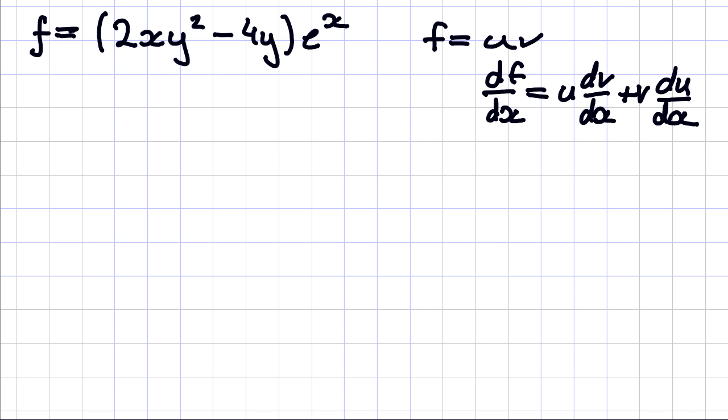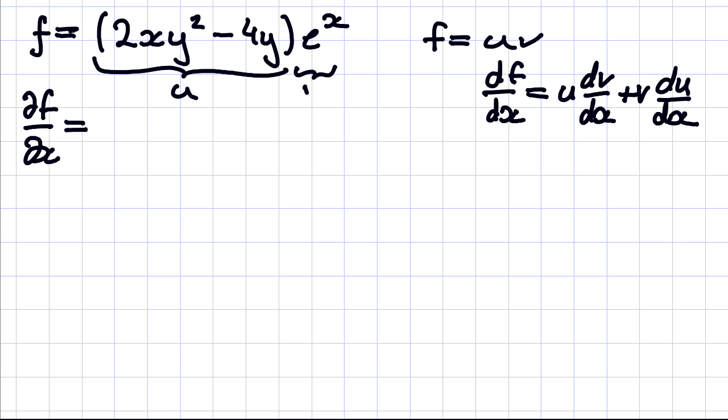So first we're going to take the x partial derivative of f, df dx, and in doing this I'm going to treat this term as u and the e to the x as v. So that's going to be u.